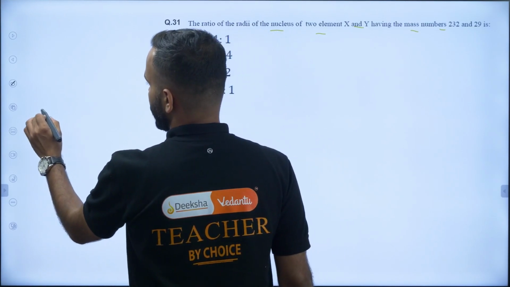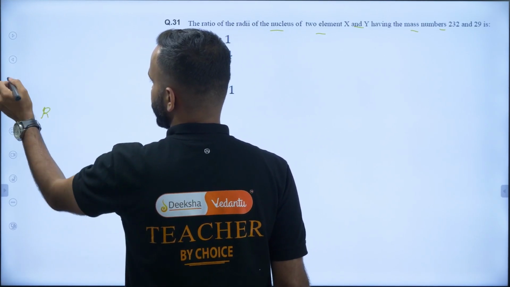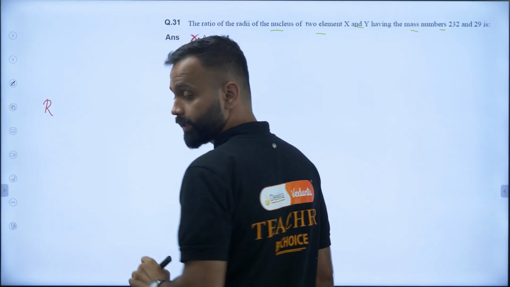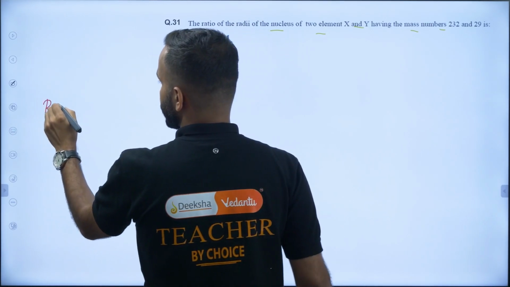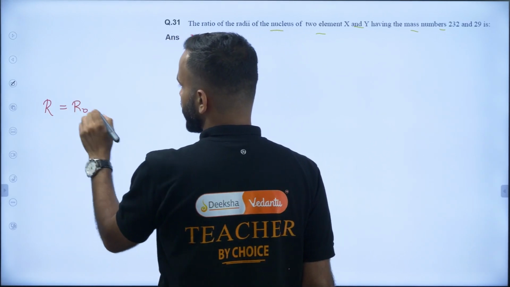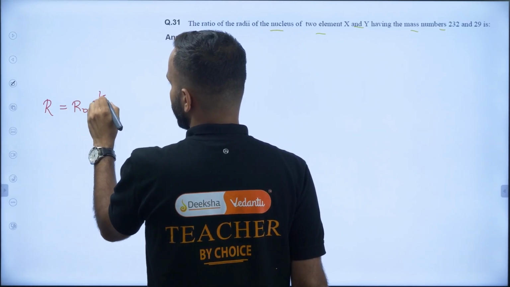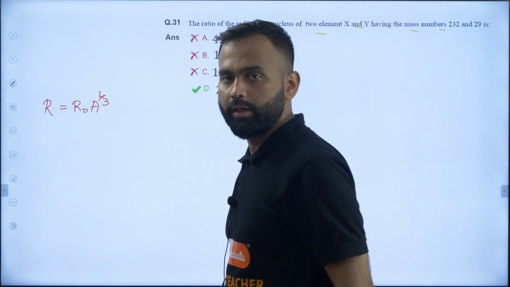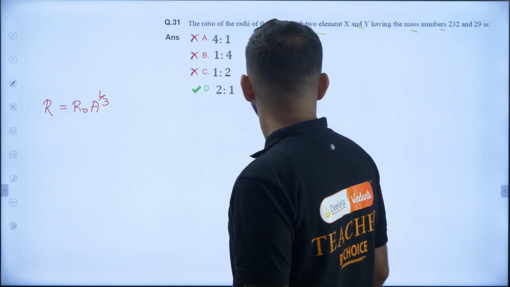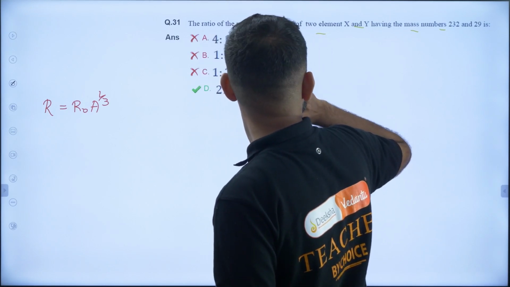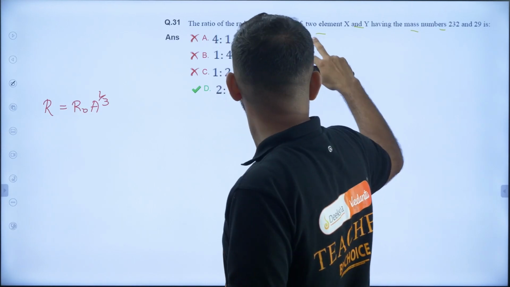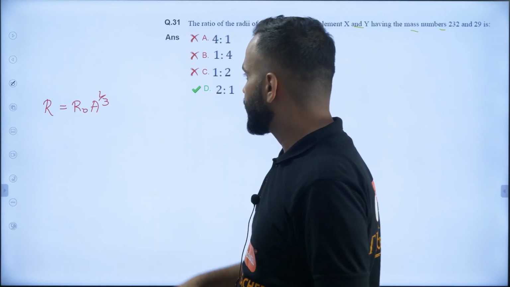The radius of the nucleus, R, is equal to R naught, that is the empirical constant, into A to the power 1 by 3, where A is the mass number of the nucleus. Here the mass numbers are given: 232 for X and 29 for Y.